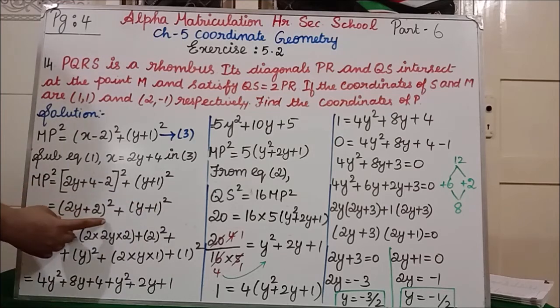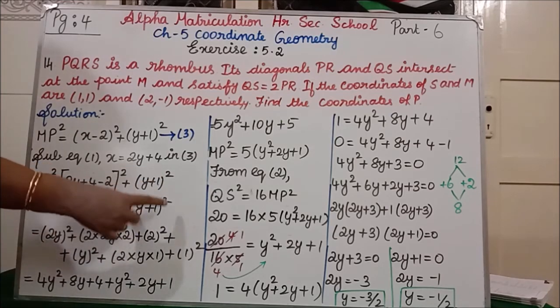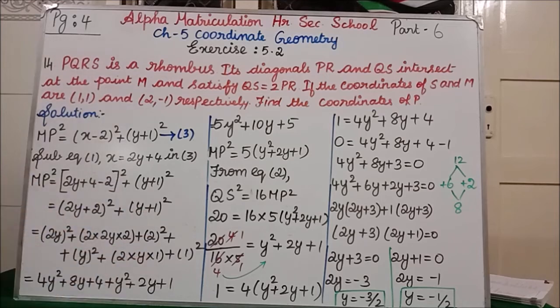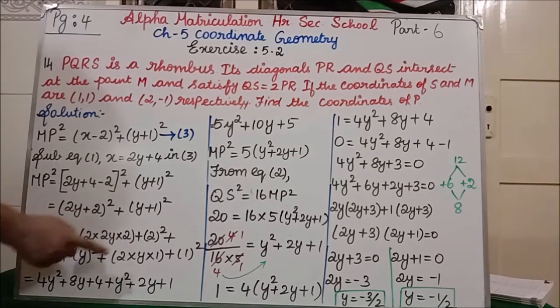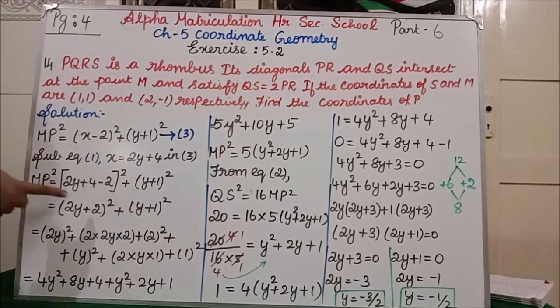This is in the form of a plus b the whole square. This is also in the form of a plus b the whole square. The a plus b the whole square formula is what? a square. So 2y the whole square plus 2 into a into b. So a is 2y, b is 2, plus b square. b is what? 2. So 2 the whole square.